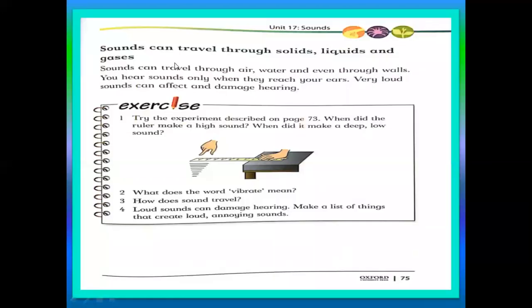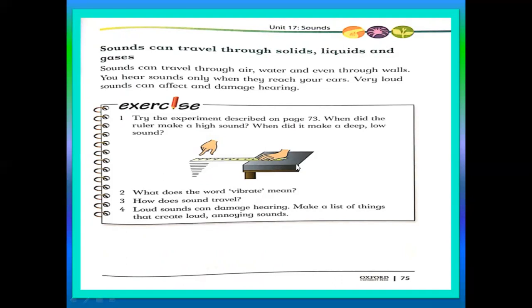We know that sound can travel through solids, liquids, and gases. How can sound travel through solids? Because in solids, particles of matter are tightly packed. What happens when we touch? Suppose this is a table. When we hit this table, then what happens? You can hear a sound.